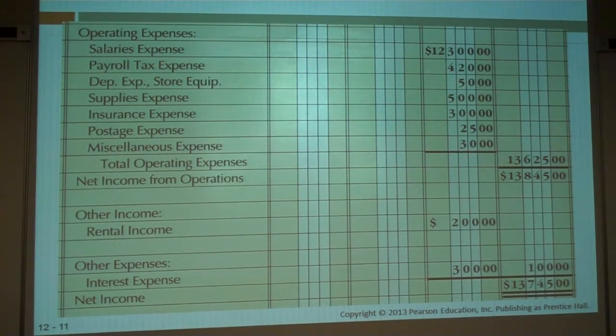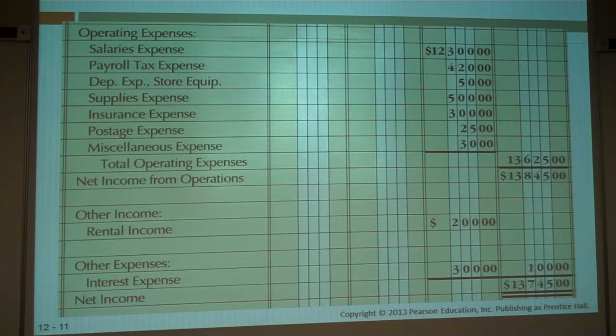Put whatever you can remember on that income statement. And please spend some time as you're working through the homework, working through Callahan, to pay close attention to where those numbers are coming from. All of the numbers on that income statement, where do we get them from?